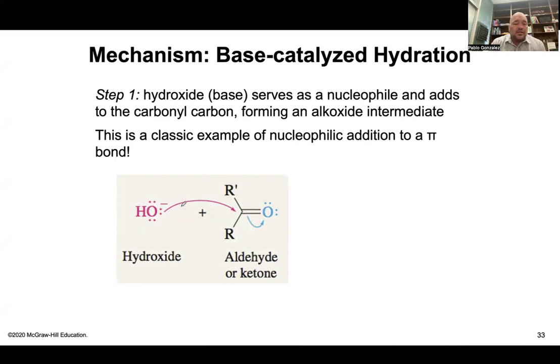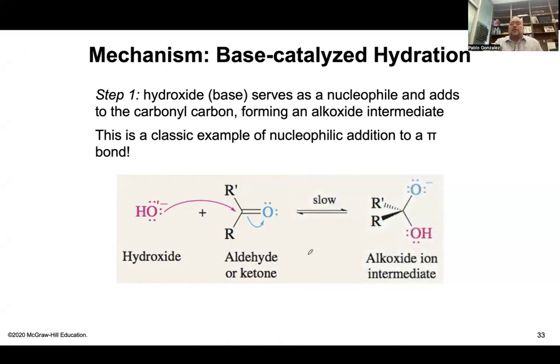We are in basic conditions, so this is one of the species that you will find. As we mentioned, this is partial positive, partial negative. So the oxygen is going to attack the carbon of the carbonyl group. And then we need to break one of these bonds because we can't keep 5 bonds on carbon. And that is going to be converted into a lone pair of electrons in here. And there you're going to have an alkoxide ion intermediate. This one is an alkoxide.